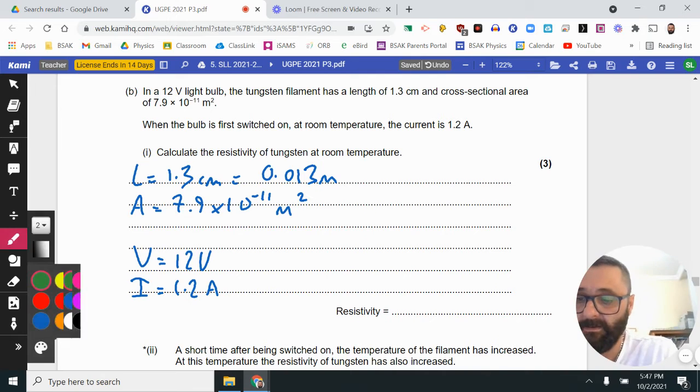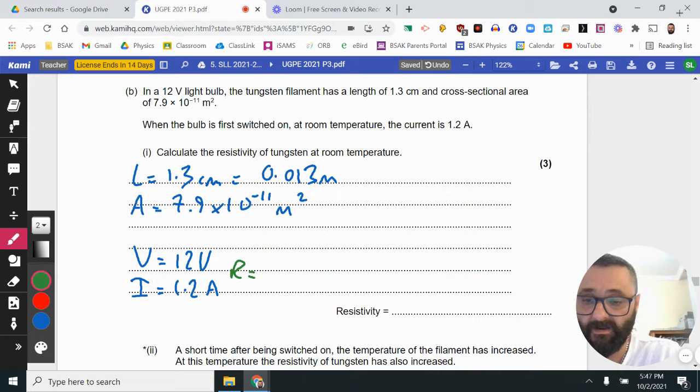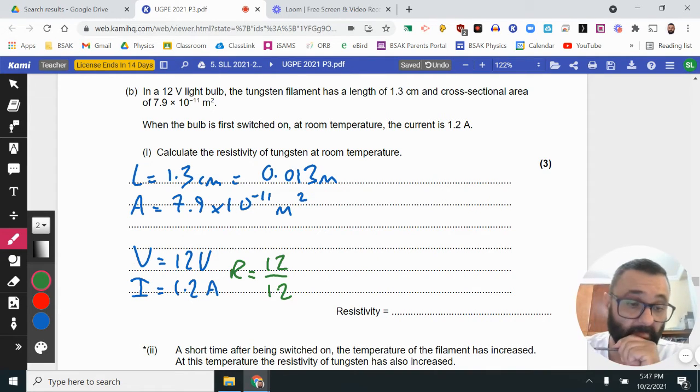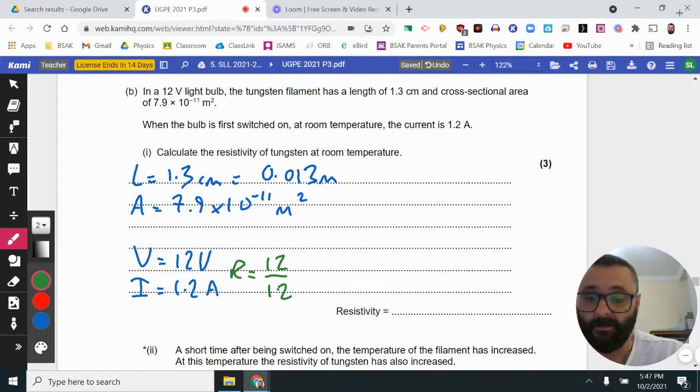Okay, so it might be quite useful to immediately go, well, R is V over I. So the resistance of the tungsten, when you switch it on, is 10 ohms.